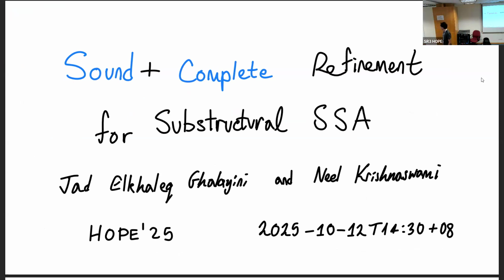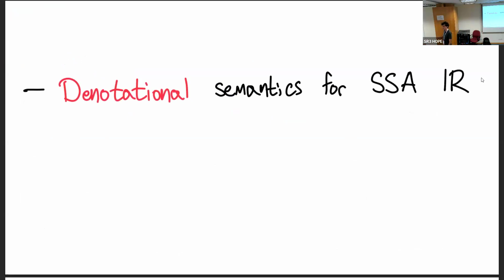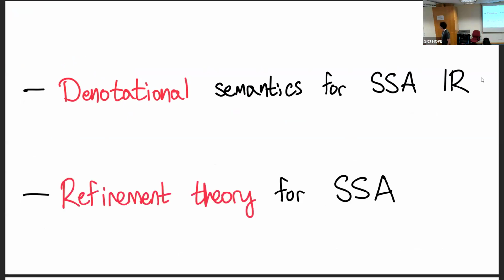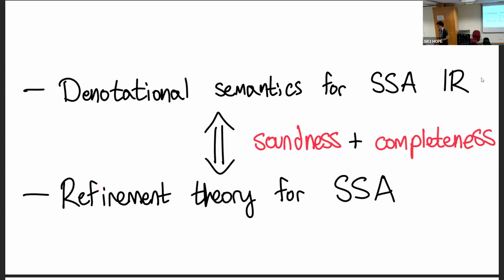So, in particular, we're going to give a denotational semantics for the SSA, or static single assignment intermediate representation, and then we are going to give a refinement theory for SSA as well. Finally, we're going to prove that our refinement theory is sound and complete with respect to our denotational semantics. Or rather, we're going to sketch how all this is done in the paper since it's a lot.